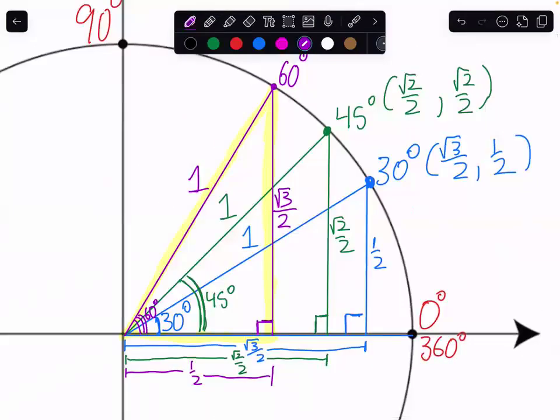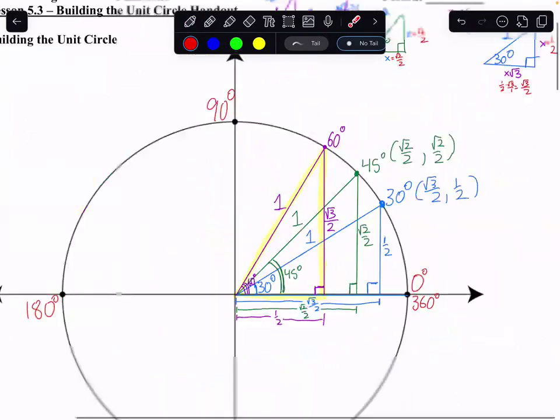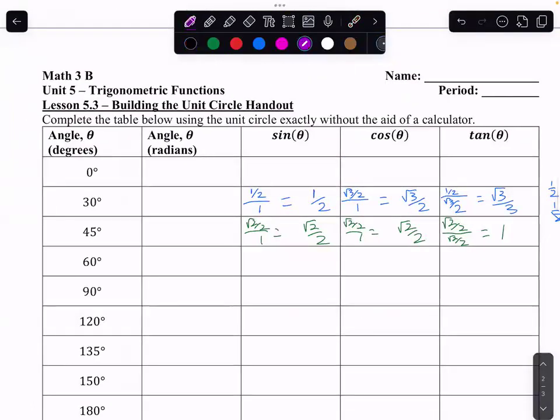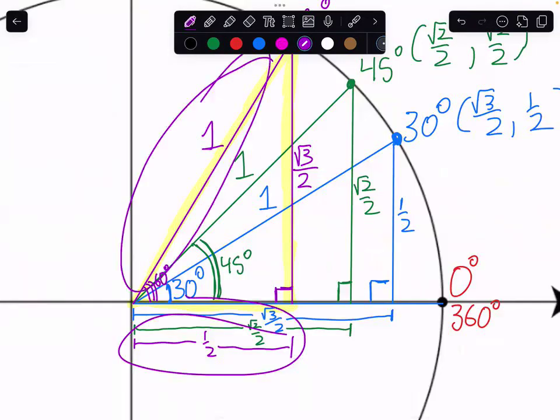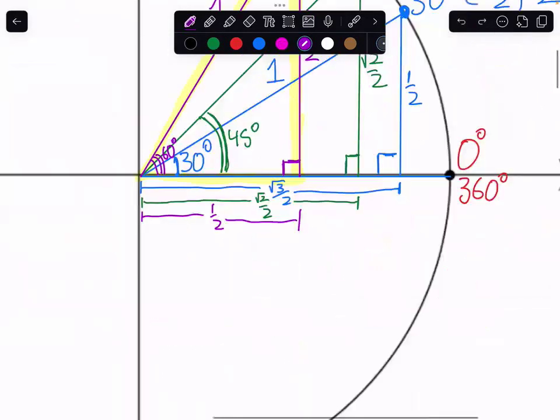And the other side was radical 3 over 2. Okay, one more time, let's calculate sine, cosine, and tangent. Opposite the 60 degrees is radical 3 over 2. Over the hypotenuse is 1. Cosine, adjacent over hypotenuse, will be 1/2 over 1.